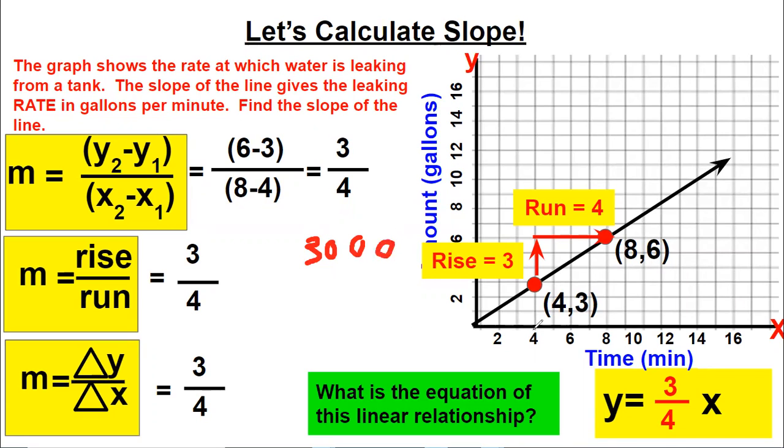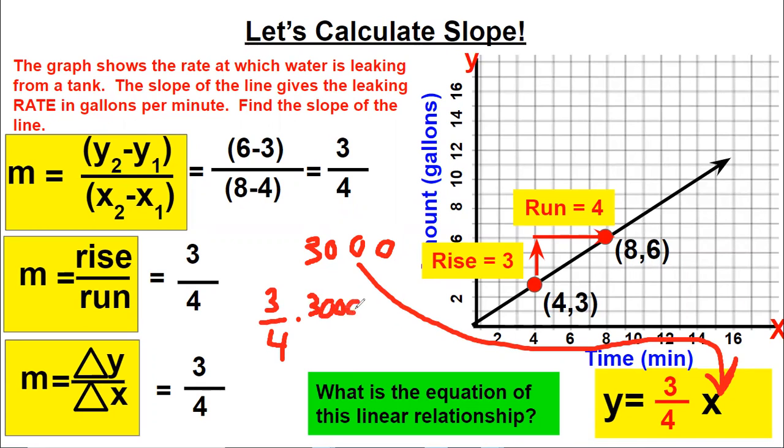Well, I can make a graph that goes all the way up to 3,000, but that's a pretty big graph, right? So all I really need to do is plug this 3,000 in for my x, for my input, and calculate the answer to see how many gallons of water would drain out. So it would be 3/4 times 3,000.